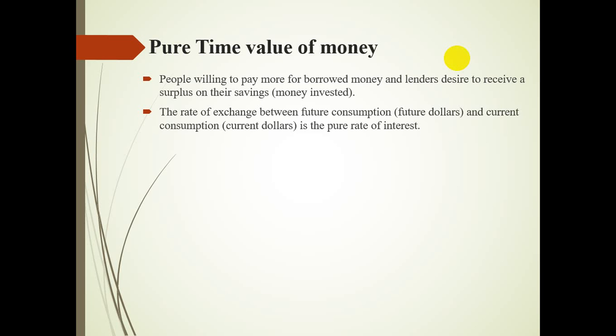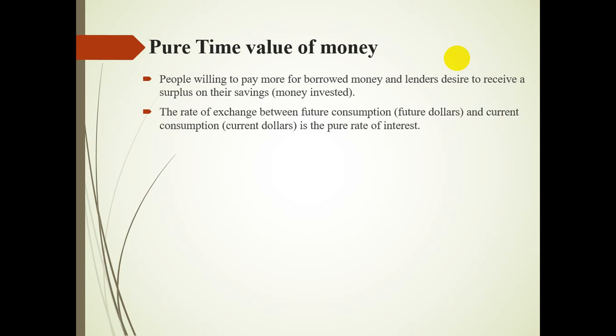People are willing to pay more to borrow money, and later desire to receive a surplus on their savings. People borrow money to fulfill their consumption, and they pay a certain percentage of return for it, but the people who are saving this amount do so for the purpose of receiving more money than the actual amount. So that is the first reason.